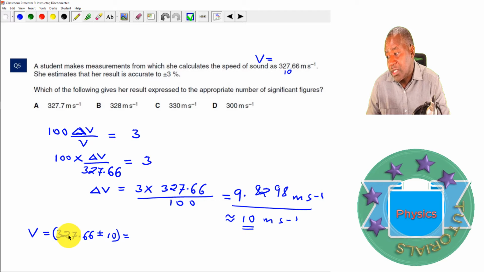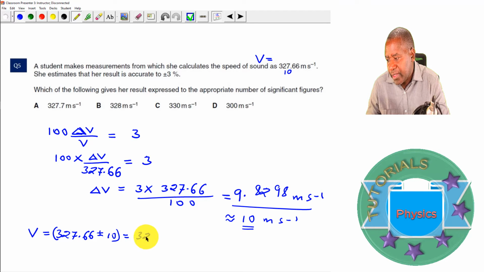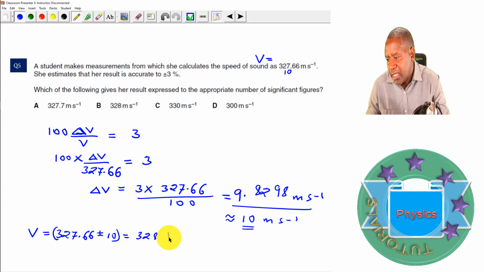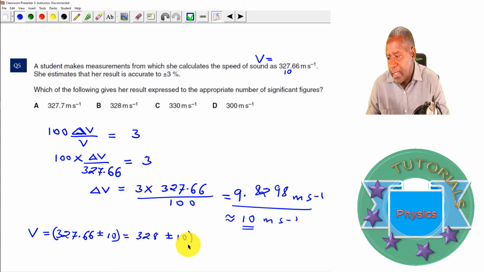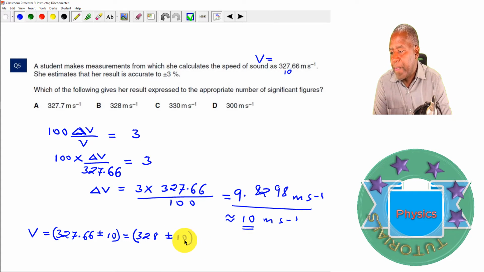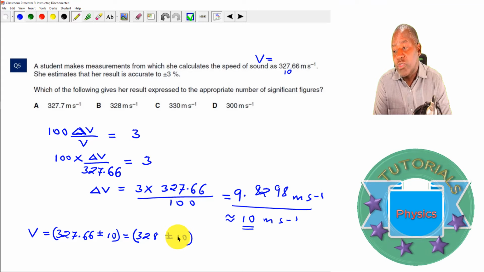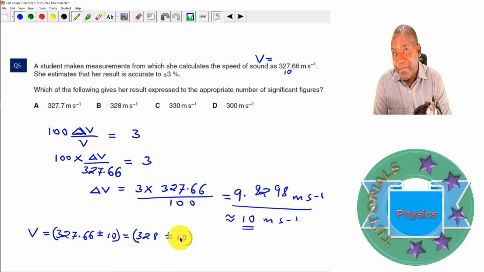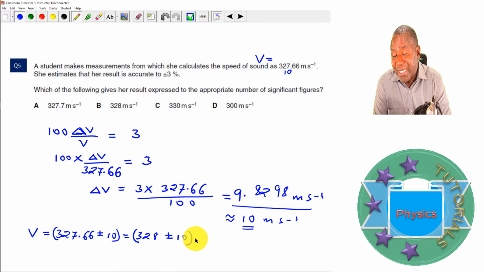So I round it up to 328. 328 plus or minus 10. Again, meters per second. This digit here has got 2 significant figures. So it is not clear whether it is to 2 significant figures or 1 significant figure.